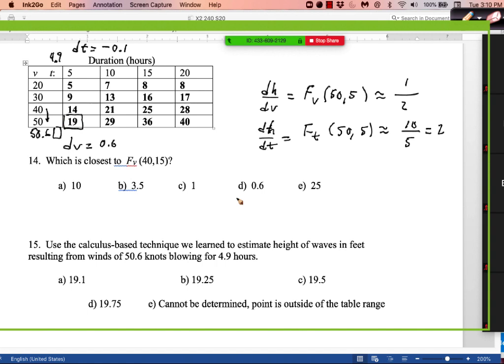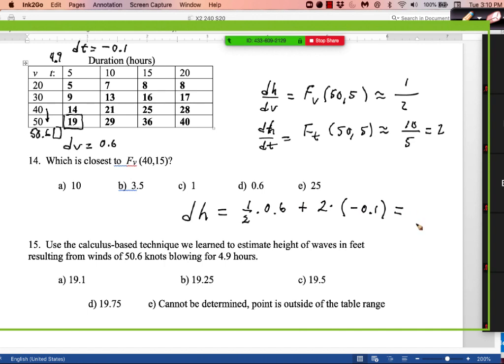Then our overall change in height is going to be 1/2 times the change in wind speed, which is 0.6, plus our derivative times the change in time, in this case negative 0.1.